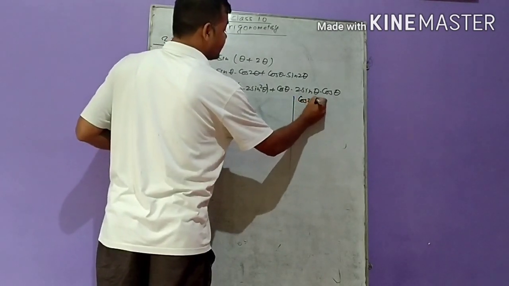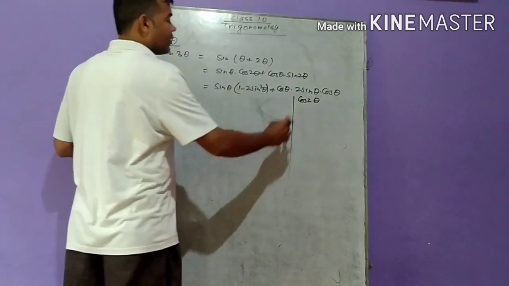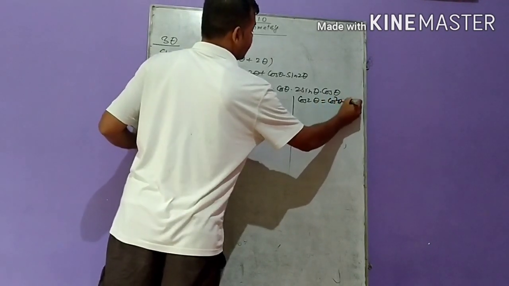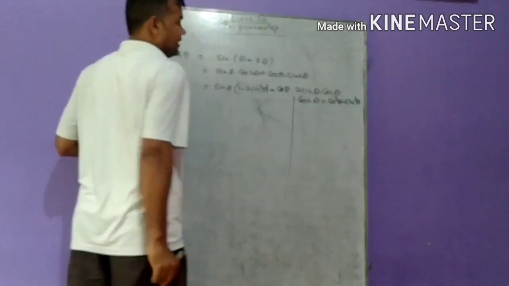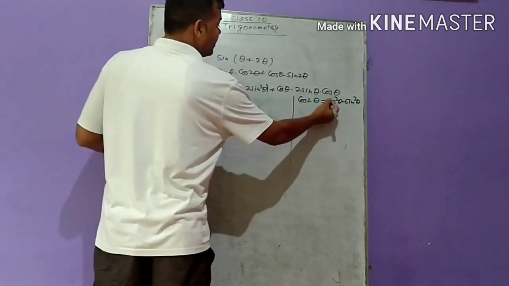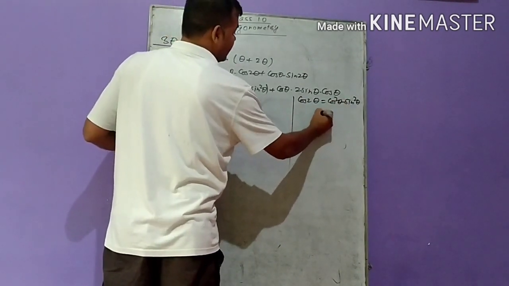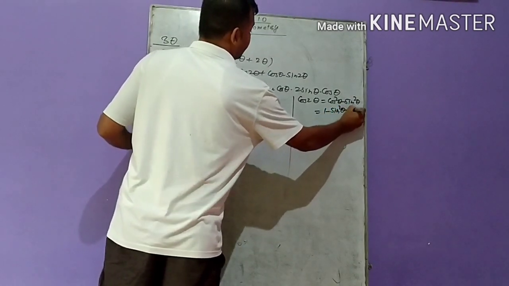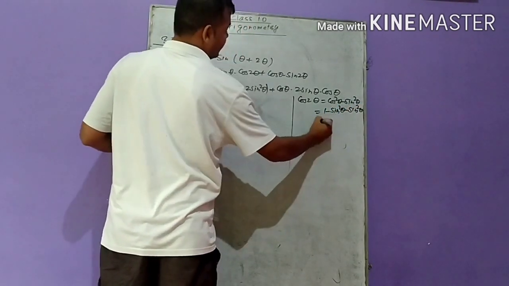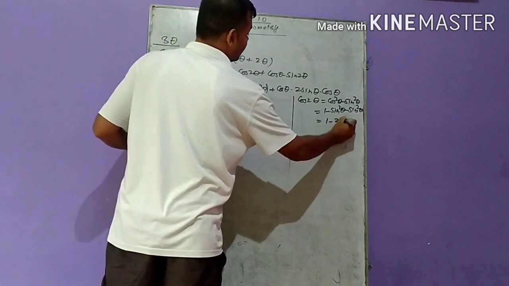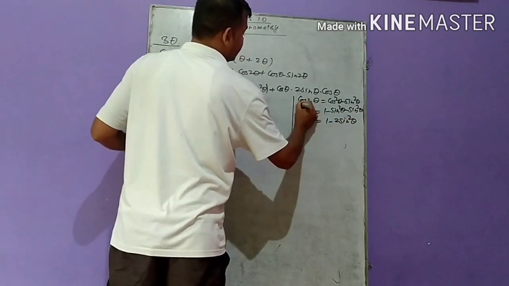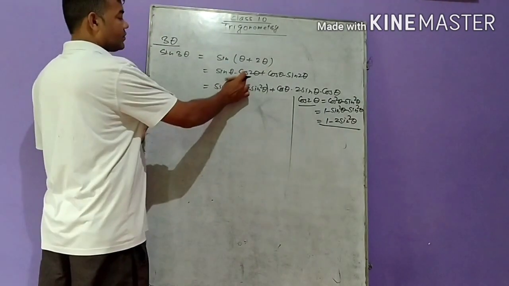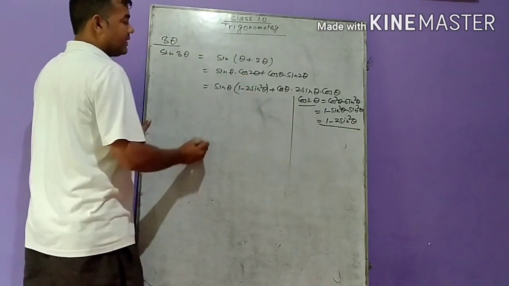We have already studied that cos 2 theta means cos square theta minus sin square theta. We have already derived this relation. So we can reduce this relation into sin theta only. Cos square theta means 1 minus sin square theta, and minus sin square theta is already here. So we can write 1 minus 2 sin square theta. This is equal to this relation. So cos 2 theta means 1 minus 2 sin square theta.